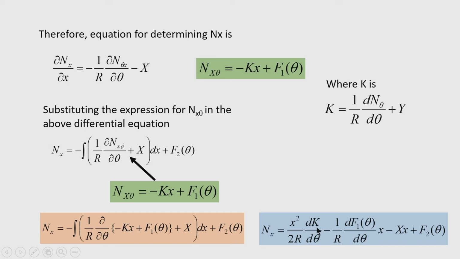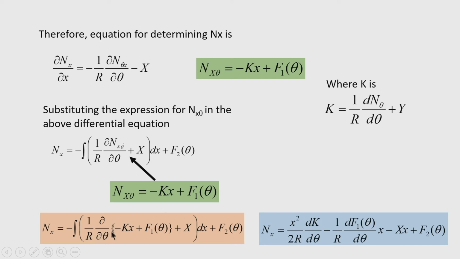Now, integrating this expression, you see here k is a function of θ. So, therefore, dk/dθ is kept here, and x is integrated with respect to dx. After integrating this quantity x, it becomes x square by 2, and r is there.